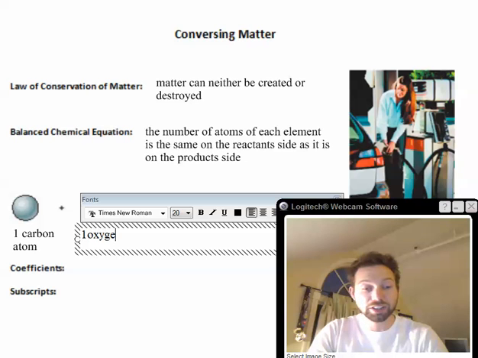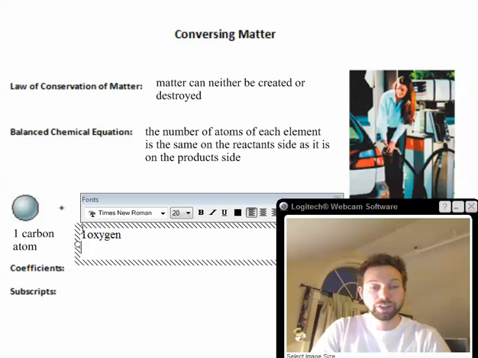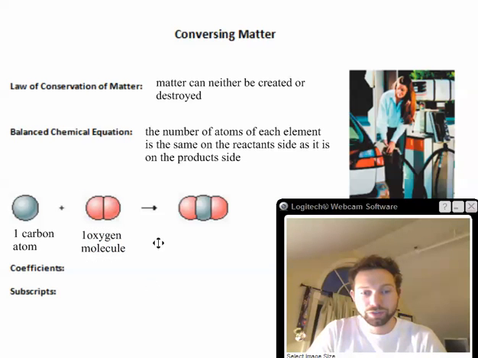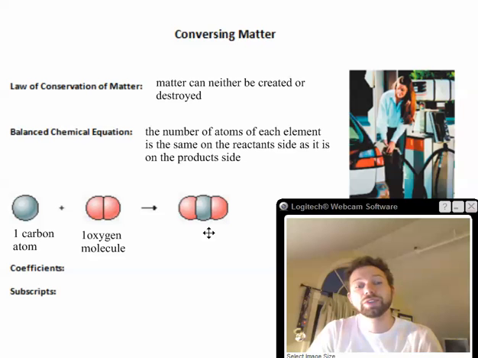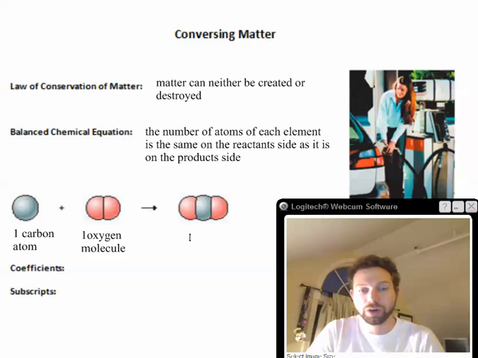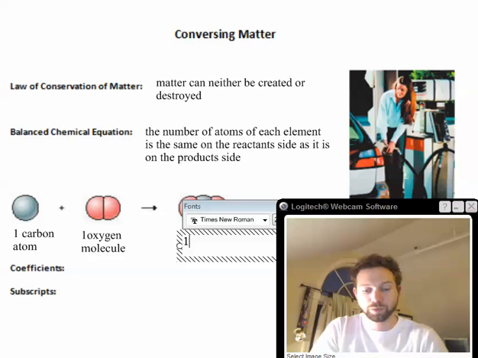Notice I didn't say oxygen atom, right? Because this is not just one oxygen atom. It's an oxygen molecule. It's a diatomic molecule. So we have that, and as a result, we have carbon dioxide. One carbon dioxide molecule.